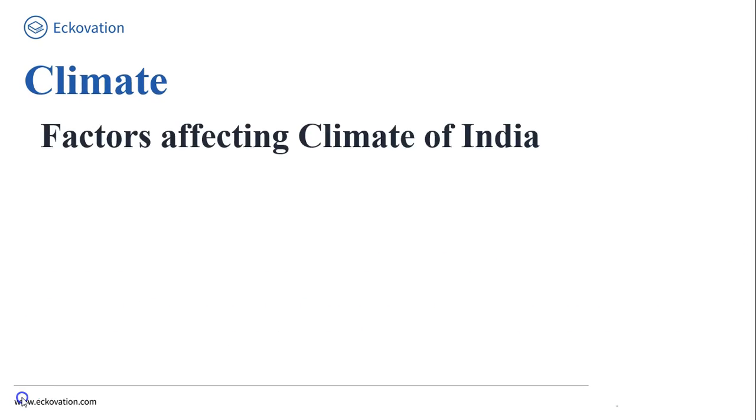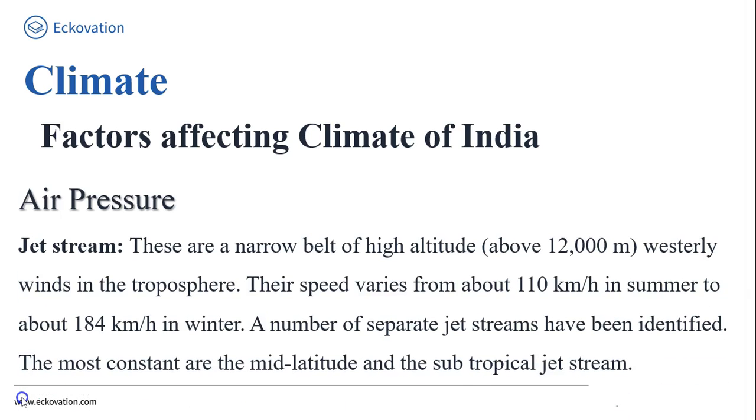We will continue our discussion with climate and we will talk about factors affecting climate of India. Now we will continue our discussion with air pressure. My dear friends, the upper air circulation in this region is dominated by westerly flow.